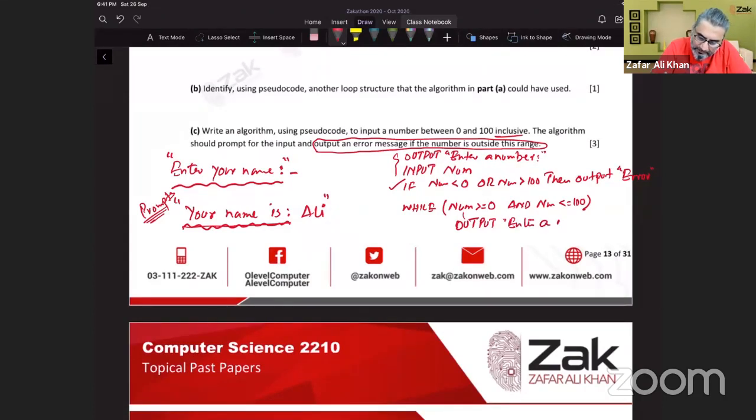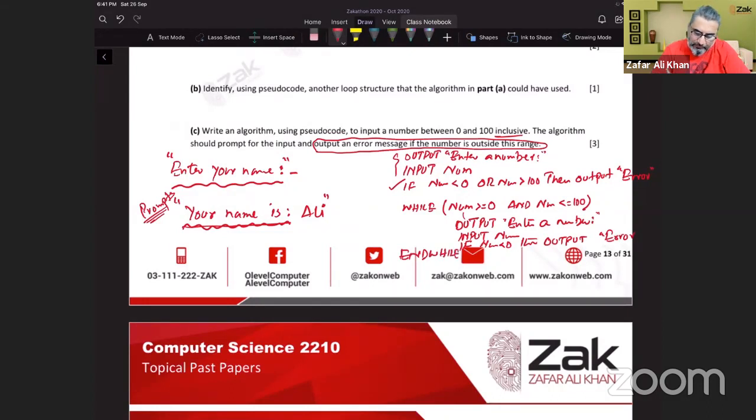Output, enter a number, and then input it again, input a number, and then have that same thing. If number is less than 0, then output error, and then we would have to write end while. So this would go on.